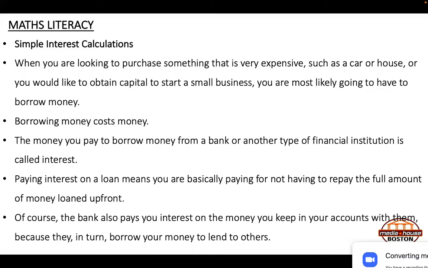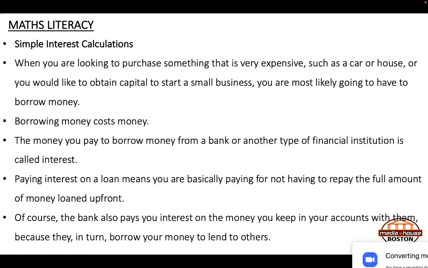Good. So guys, also borrowing costs money because when you think about it, say I give you 10,000 rand. Good, Cindy. Now, instead of giving you that 10,000 rand, I can take that same 10,000 rand and put it into the stock market, and that 10,000 rand is going to earn interest.